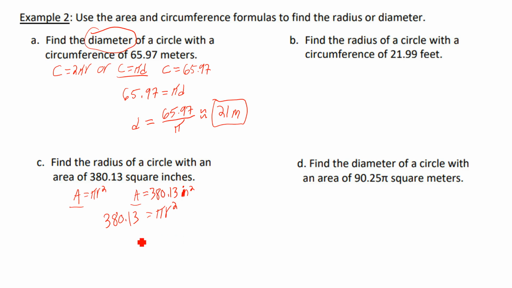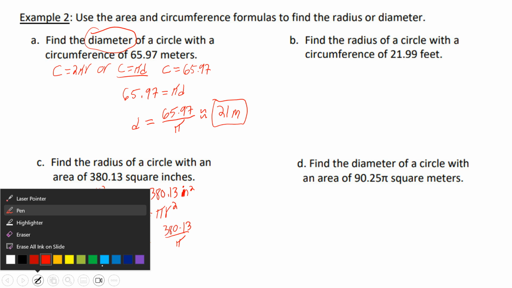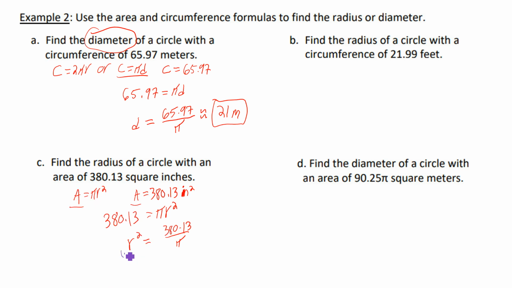Divide the pi over, and you're left with r squared equals 380.13 over pi. Then, to get rid of that square, we square root, so those go away. So you have r equals the square root of 380.13 over pi.